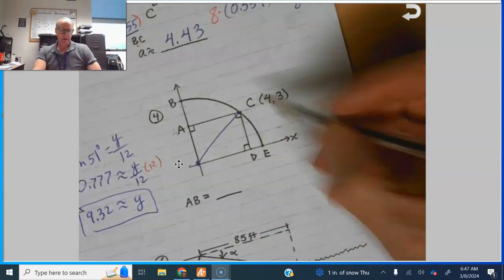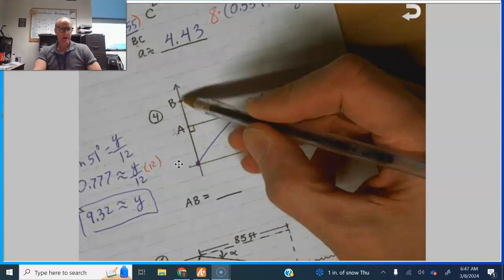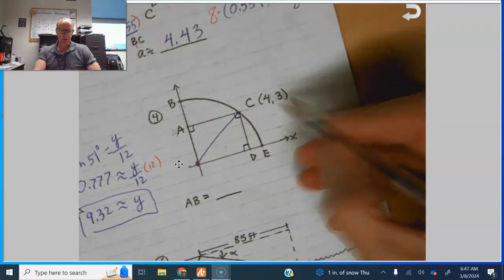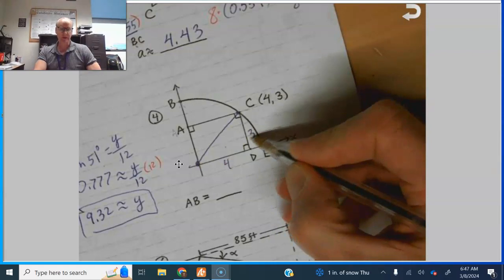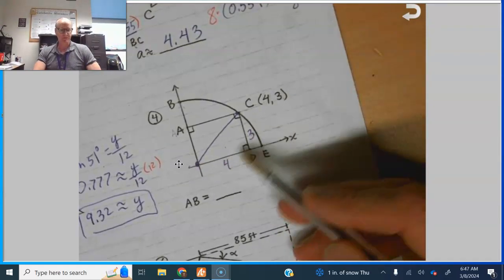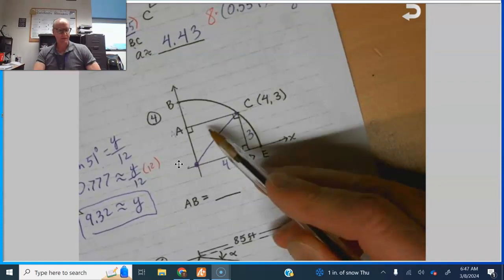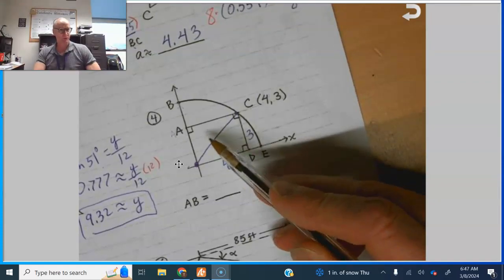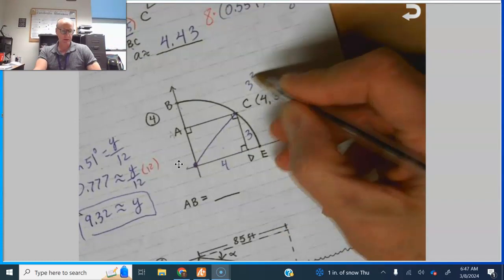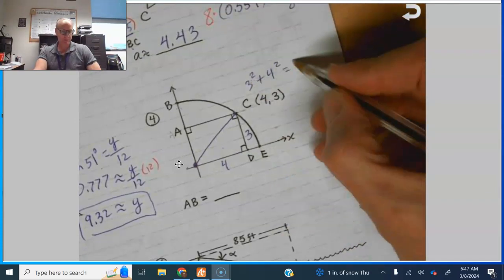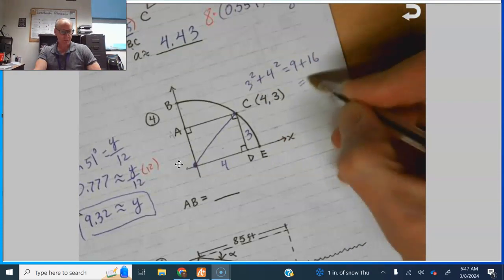We want to find AB. Now, hopefully you know that if you've got this point, 4, 3, this is a special right triangle. 3, 4, and this is called a Pythagorean triple because 3 squared plus 4 squared just happens to be 9 plus 16, and that's 25.